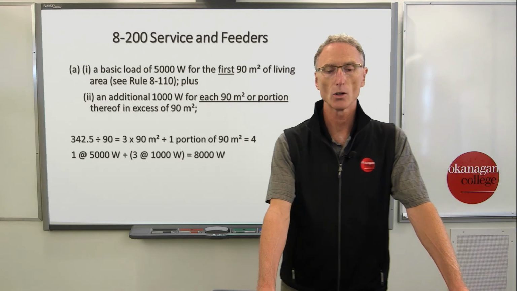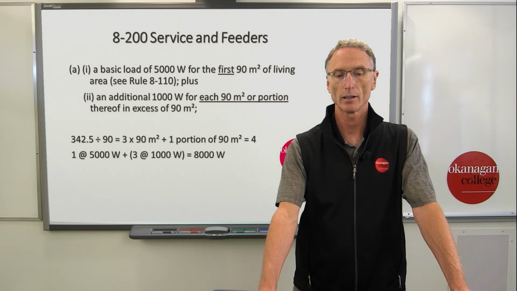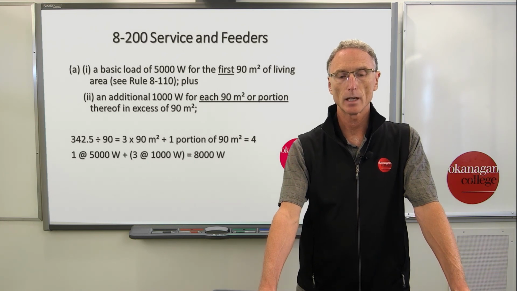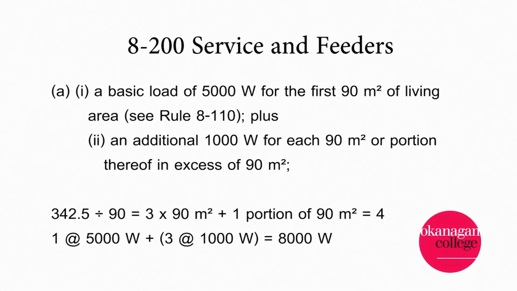Subrule 1 tells us a basic load of 5,000 watts for the first 90 meters squared of living area. And subrule 2 tells us an additional 1,000 watts for each 90 meters squared portion thereof in excess of 90 meters squared. So here's our calculation. We start out with 342.5 meters squared of floor area, and what we're going to do is divide 90 into that to give us how many portions of 90 meters squared that we have. So we divide 90 into the 342.5 square meters.